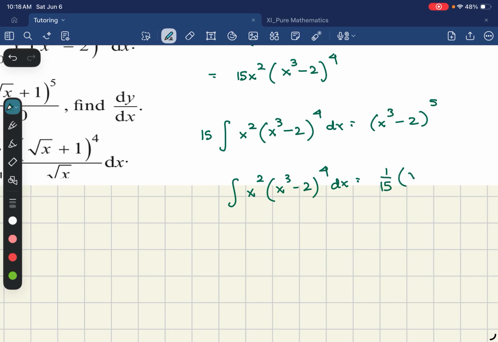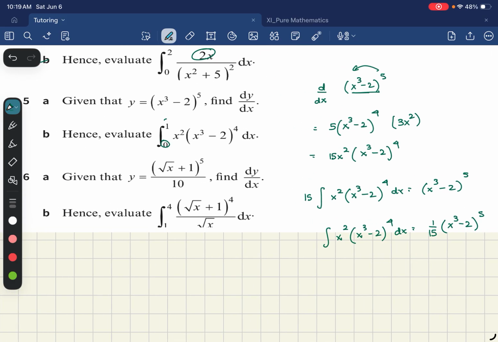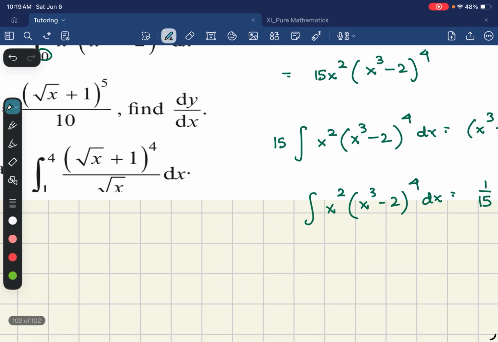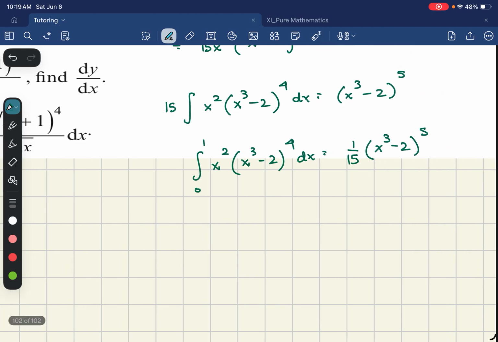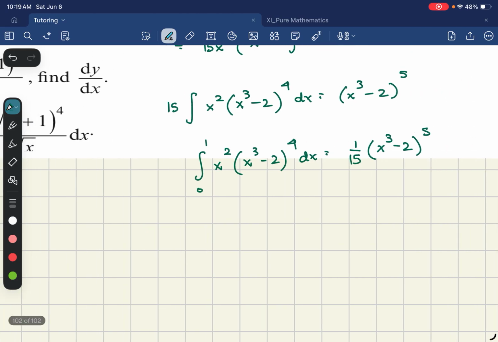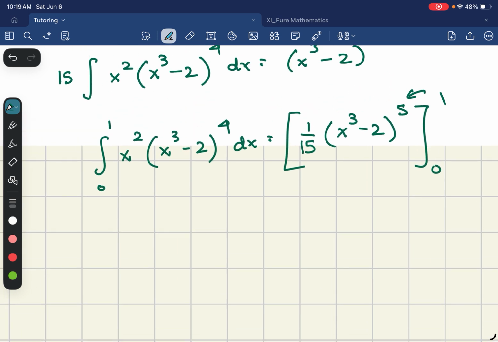And usually we have plus c, but because part B has a bound, we are just going to be substituting the bounds. So if I need to integrate from 0 to 1, I divide by 15 on both sides. I hope that was clear. Then I just need to evaluate my solution at 0 to 1. Now substitute 1 into this expression.